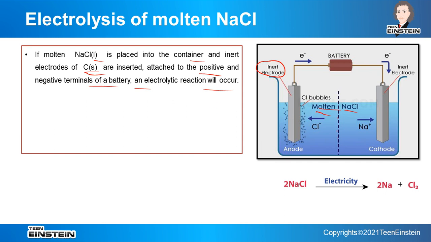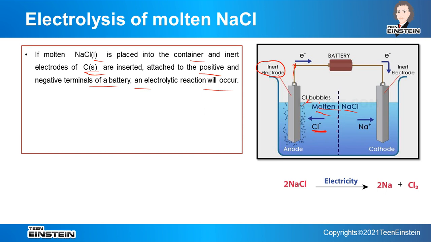So as electrons are moving from this side, chloride, Cl-, is leaving the electrons and itself will be converted to chlorine atom first, and then two chlorine atoms will combine together to make chlorine molecule, that is gas. So here you can find chlorine bubbles.